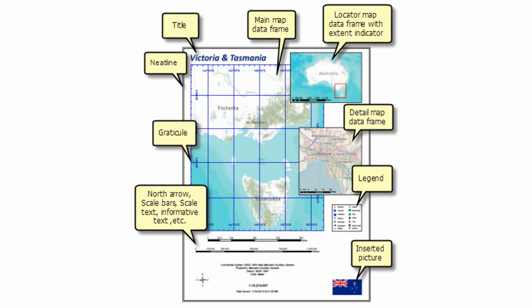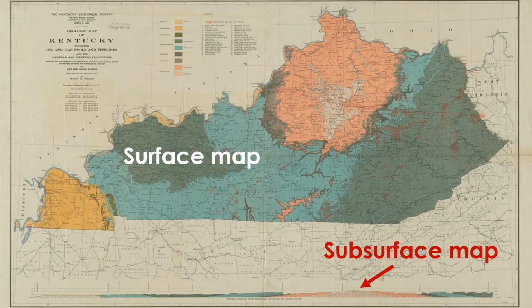All maps contain certain basic elements which can help you make sense of them. The body of the map illustrates where rocks occur on the surface, and in cases like this, in the subsurface as well.